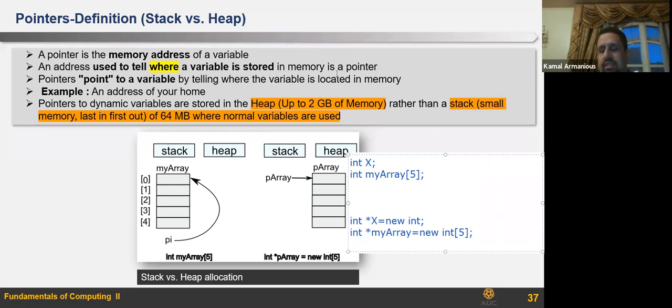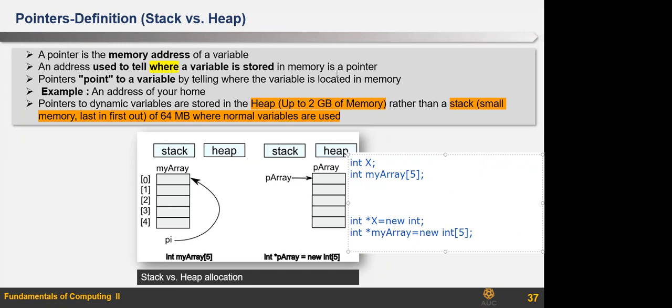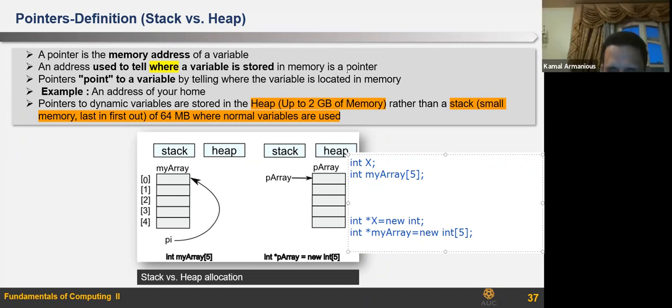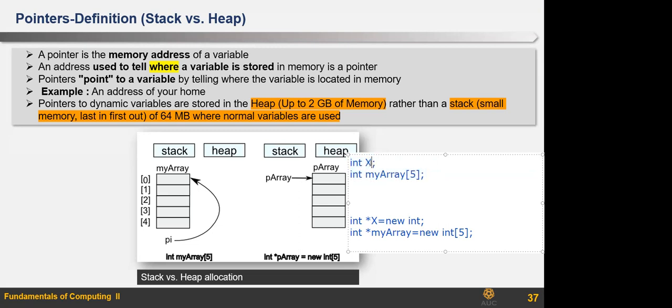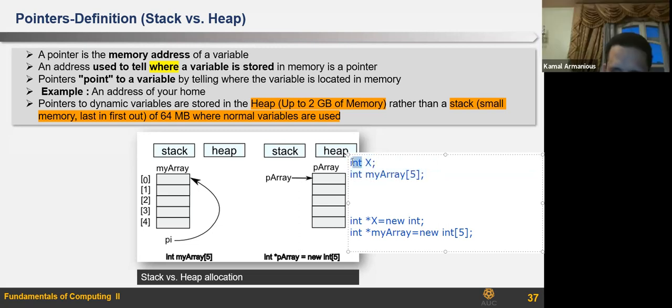So Yasin, you're with me? Yes. So basically you understand this, right? This is x of type integer, and this is my array.